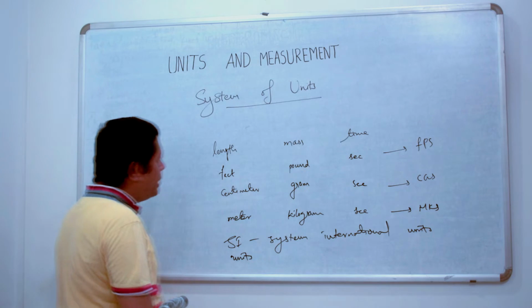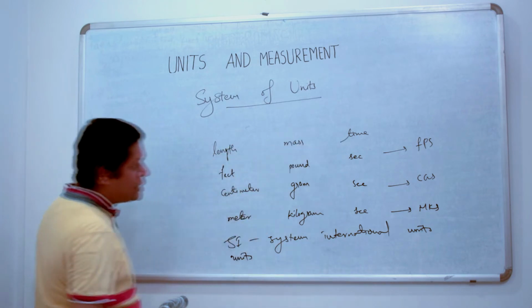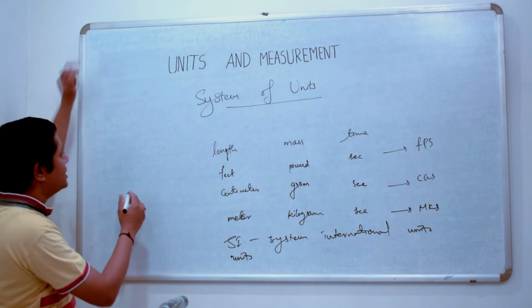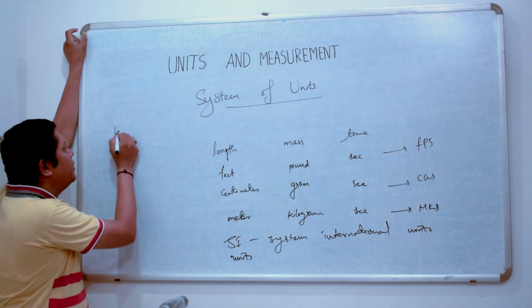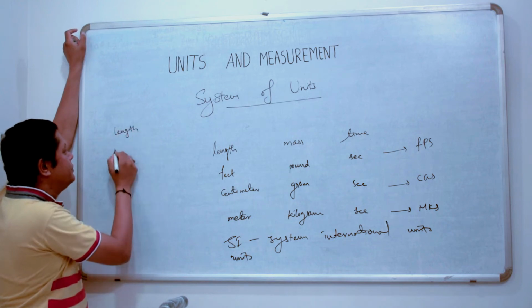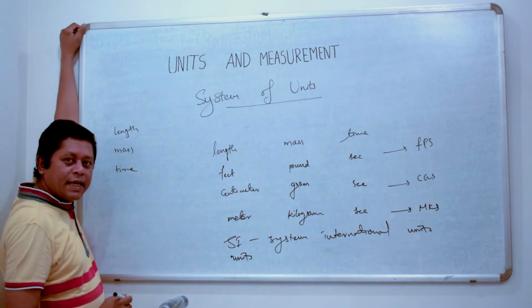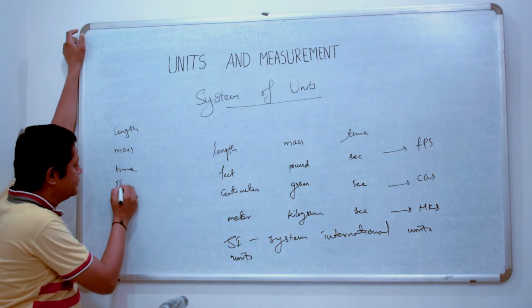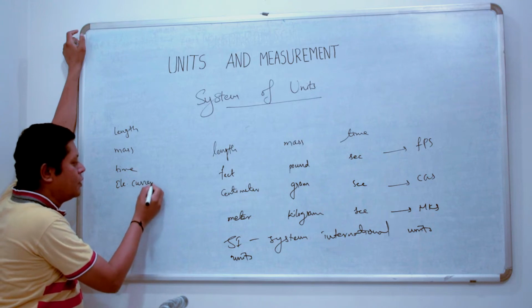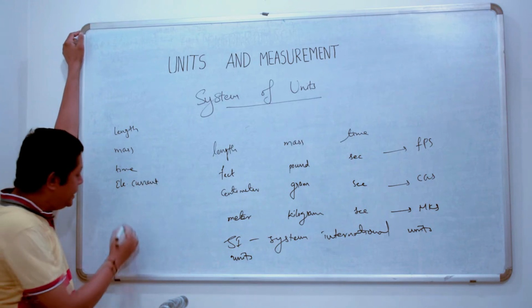So these 7 fundamental physical quantities are these 3, that is length, mass and time. Apart from that, one more is electric current. Another is light intensity.